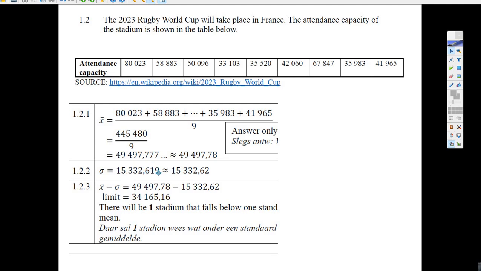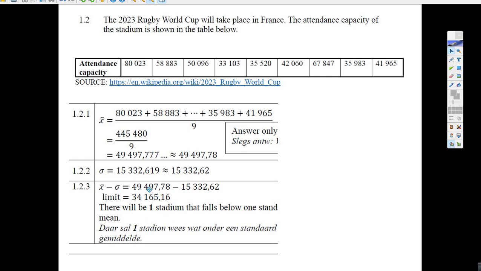And then if you clear it with the AC and you go shift stat and VAR, you'll find that sigma notation for the standard deviation. And there it is, 15,332.62. And they ask about how many stadiums fall a standard deviation below the mean.